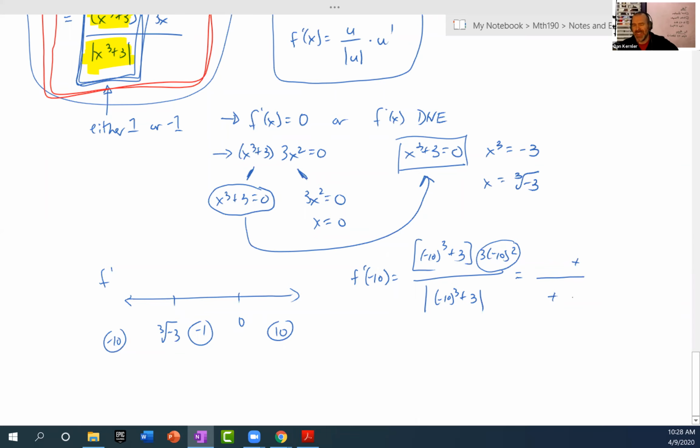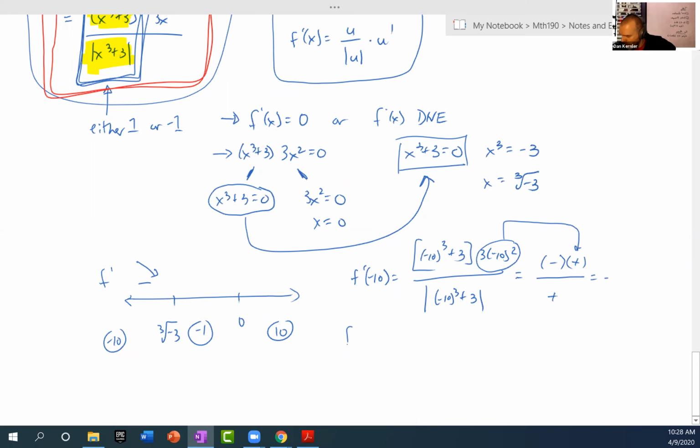So then -10 cubed plus 3. Positive or negative? What do you think? Negative. Yep, you're correct. That would be negative. So it looks like the whole thing's negative. So it's decreasing here.